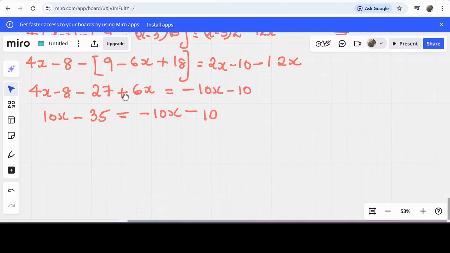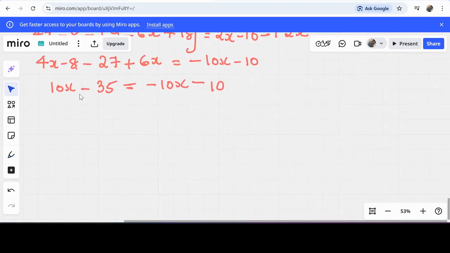Then in the next step we can rearrange the terms so that we can write 10x plus 10x, which is equal to this 35 will go to the right hand side, so minus 10 plus 35.